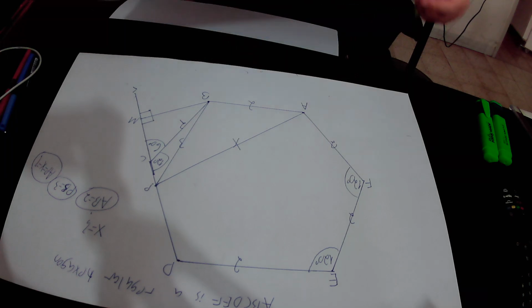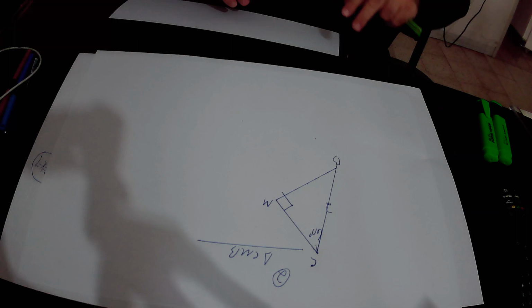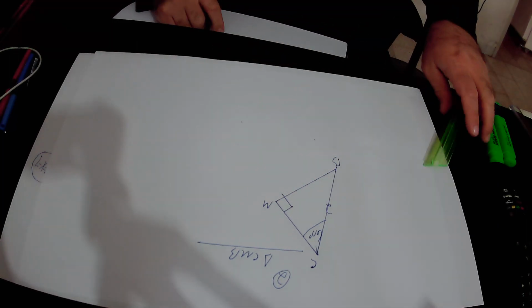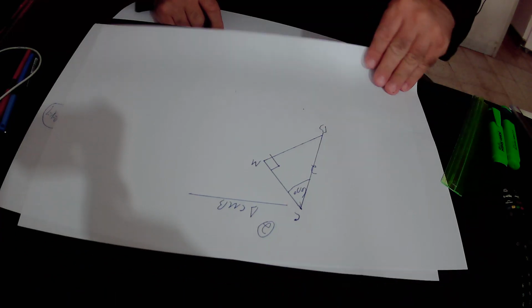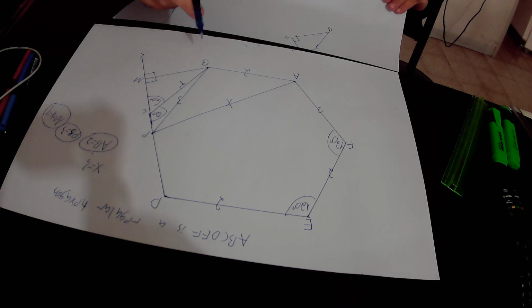So actually, this is the right triangle CBM or CMB that I copied from the original drawing. CB equals 2 units. It is one side of this regular hexagon, therefore it is equal to 2 units.